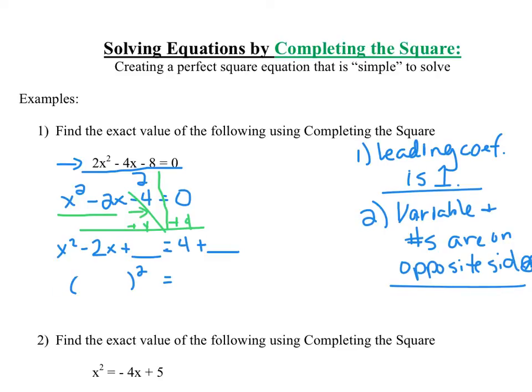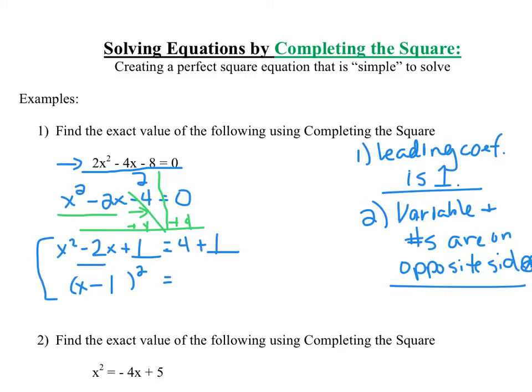So we create this little area here that makes it really easy to remember that when you take this one, divide it by 2, and then you take this number and you square it, and that's what you add to both sides. So you need both of those numbers to help you with this problem. Okay?